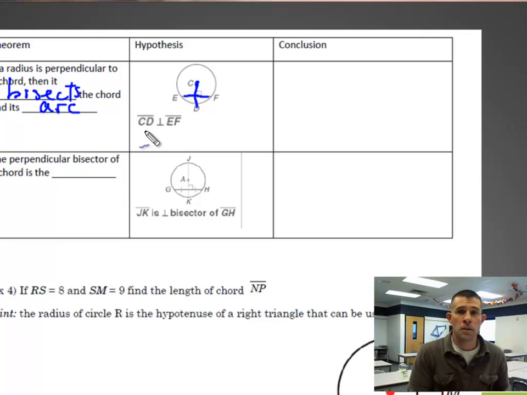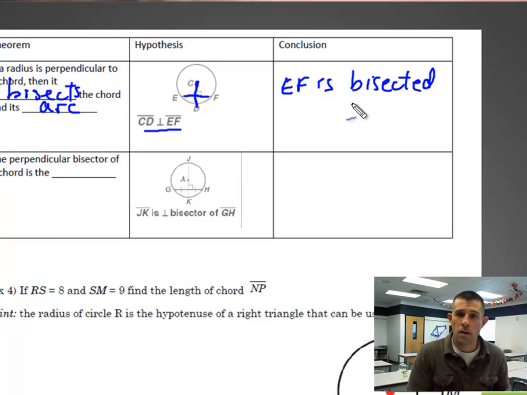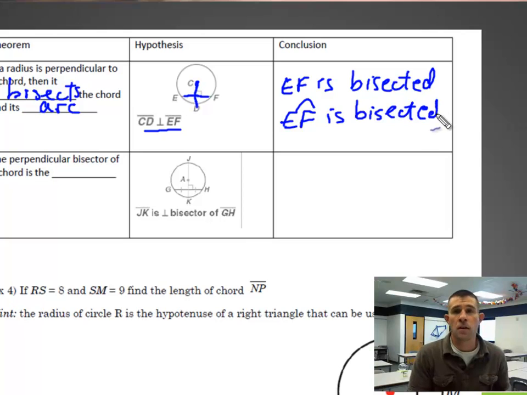Because CD is perpendicular to the chord EF, I know that EF is being bisected. I also know that the arc EF is being bisected as well. Remember, if something's being bisected, it's being cut up into two congruent parts.